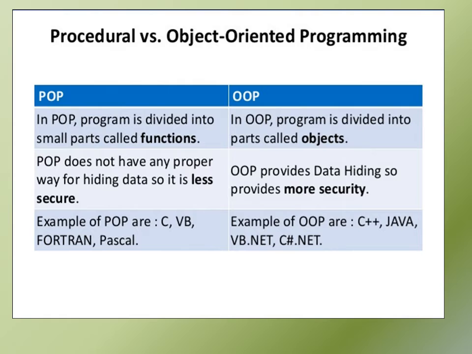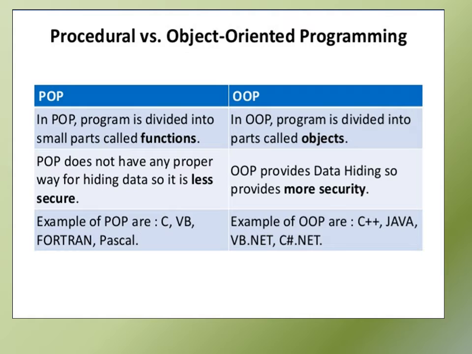Now we are going to learn the difference between procedural programming and object oriented programming. First, in procedural programming, the program is divided into small parts called functions. But in object oriented programming, the program is divided into parts called objects. So this is the difference.